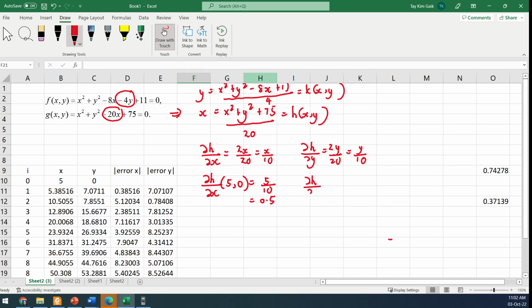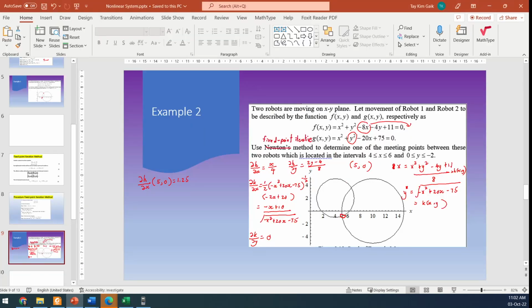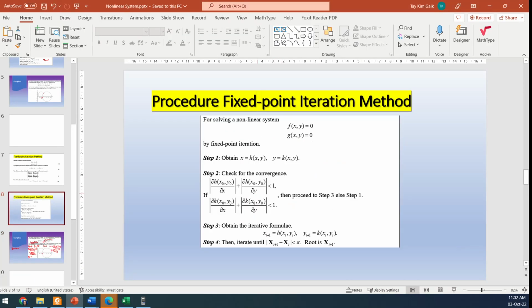Then del h del y at the point 5, 0 is 0. Now, looking at the modulus, the absolute value of del h del x at the point 5, 0 is 0.5, and the absolute value of del h del y at the point 5, 0 is 0. Adding up, you get a total of 0.5, less than 1. So the first case criteria is satisfied. Let's check the second.